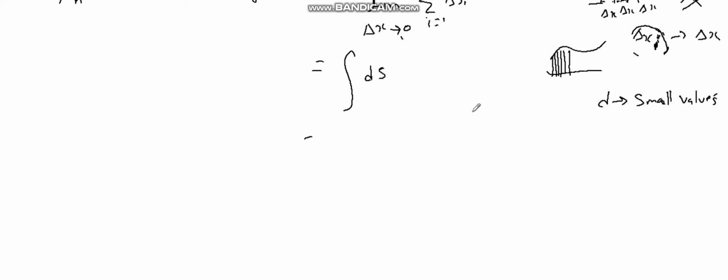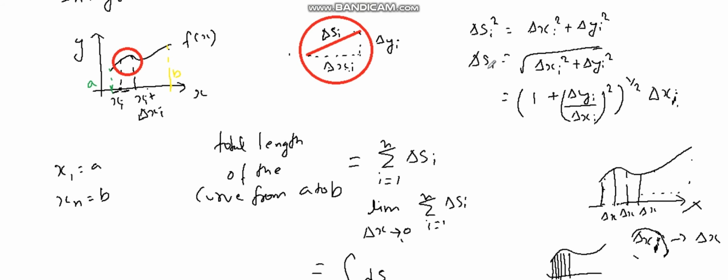By taking the limit delta x tends to 0, this equation will become 1 plus the limit of this delta y over delta x, which will give the derivative of that function, and this will look like dy by dx.